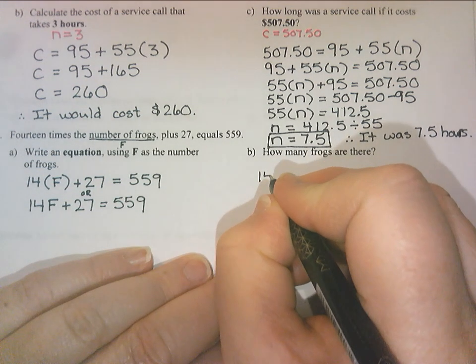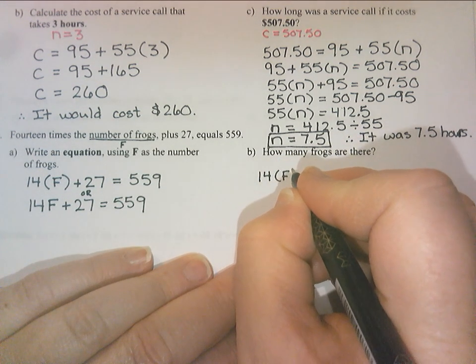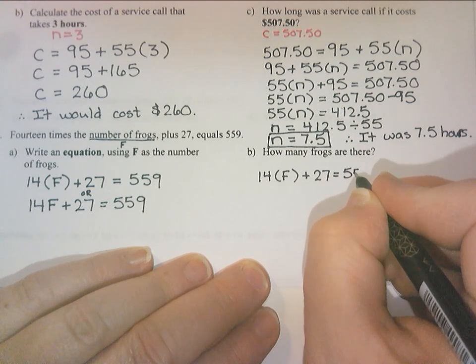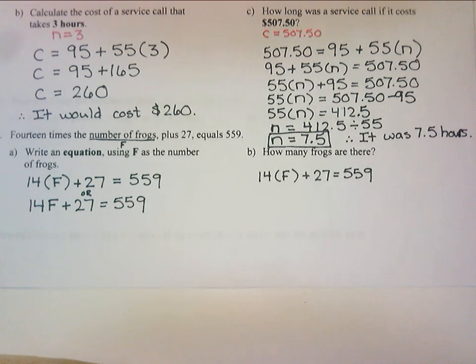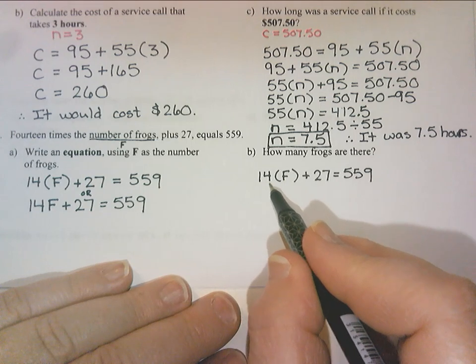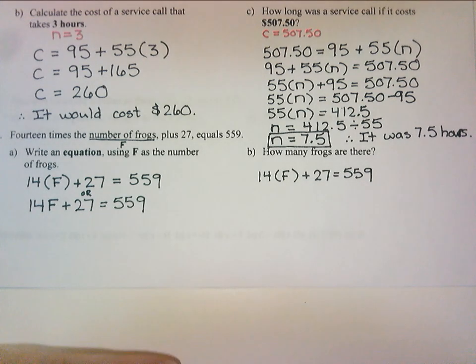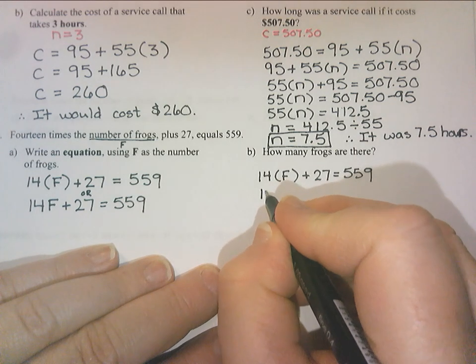So I have 14 times f plus 27 equals 559. I notice we are multiplying f by 14. We are also adding 27. So we would move the addition and subtraction first.